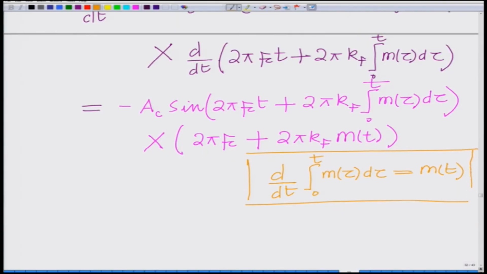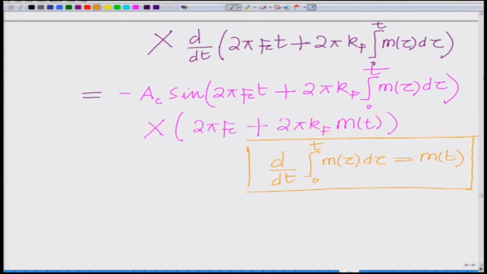It is a very simple property that if you differentiate the integral of a function, you get the function itself.